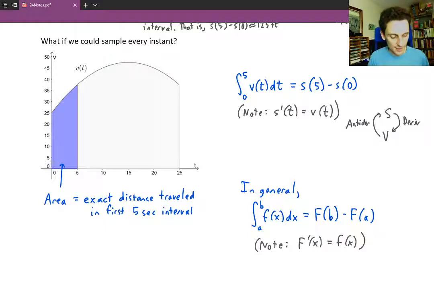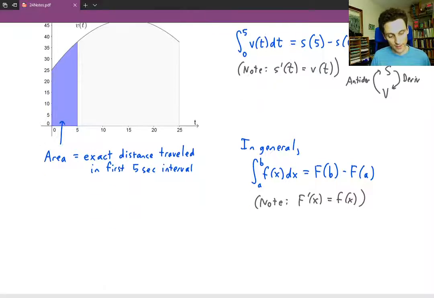Remember the way we defined it, if you take the derivative of big F and you get little f, then big F is an antiderivative of little f. This is kind of like your checking process right here. So the picture here would be, here's little f, here's big F up above. It's an antiderivative of little f.